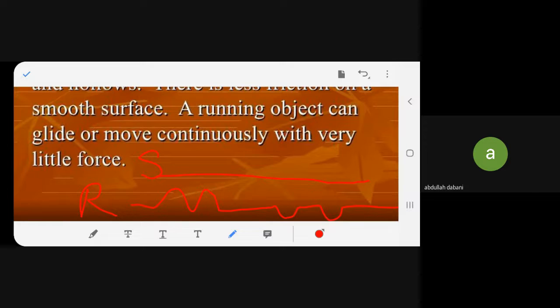Obviously there's more friction because the car tire has to adjust with the surface of the ground. So with less force, it can move to a larger distance on the smooth surface, and with the same force, maybe it will come till here on the rough one. That is the difference, nothing else. Because the friction is less on the smooth surface and the friction is more on the rough surface.